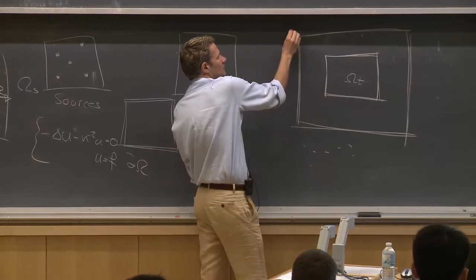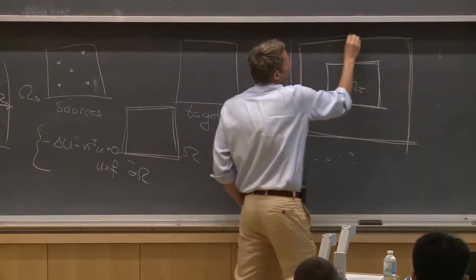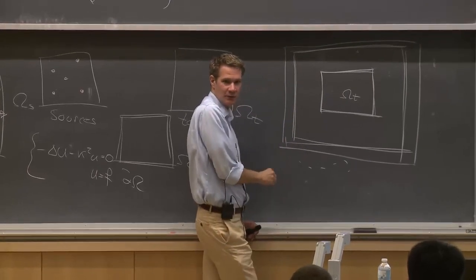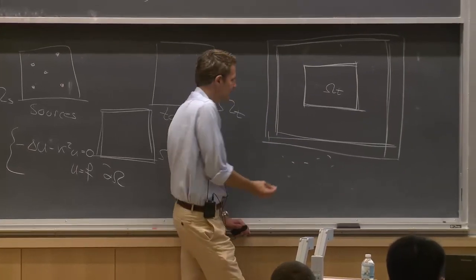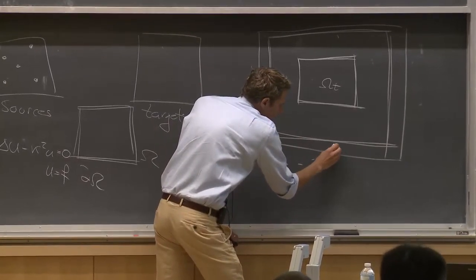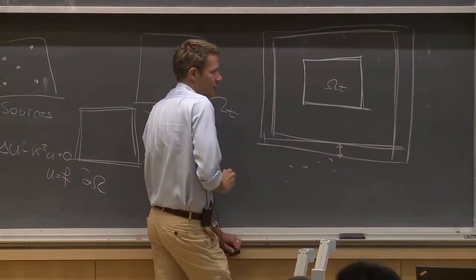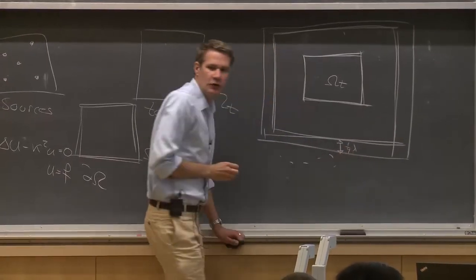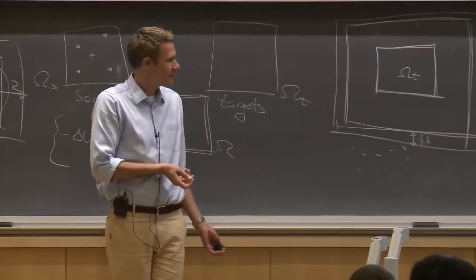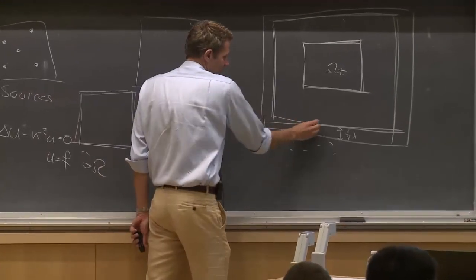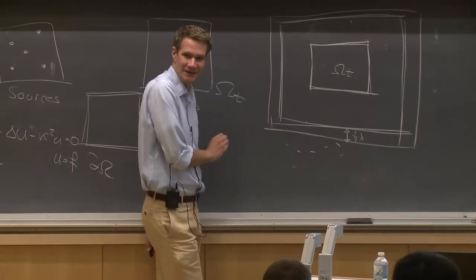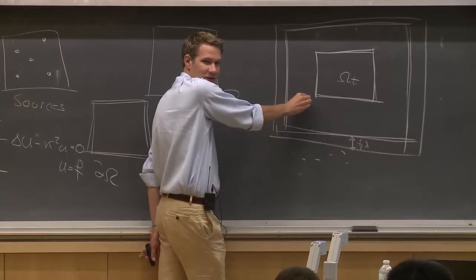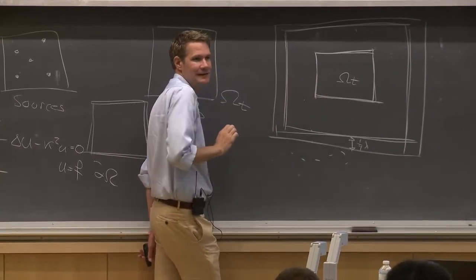Something else you can do is put a second layer of proxy charges. If you prefer to just look at Dirichlet data, you can put a second layer out here, and then you need to separate them appropriately, maybe a quarter lambda or something like this. Because then, if u is 0 on both of these lines and it satisfies the Helmholtz equation inside, then it is identically 0.